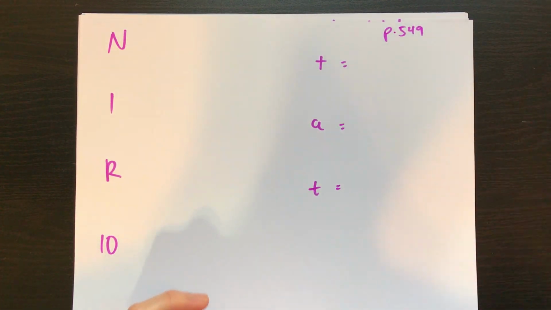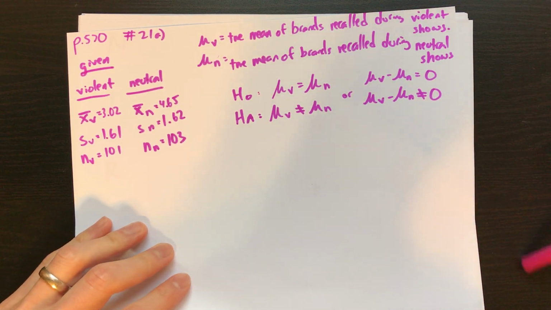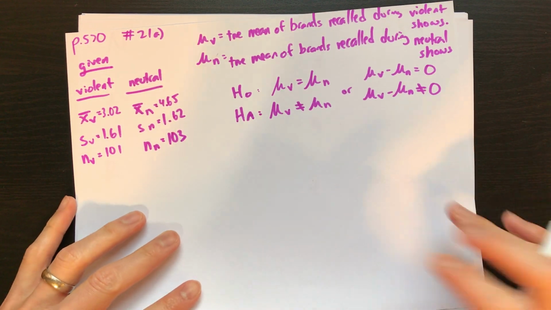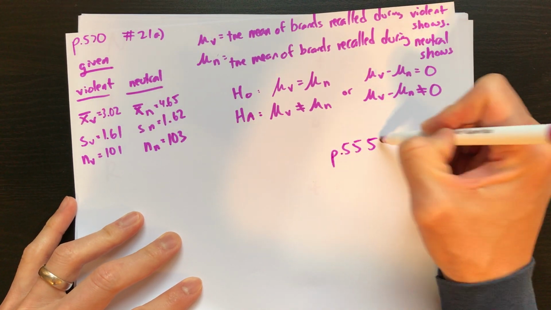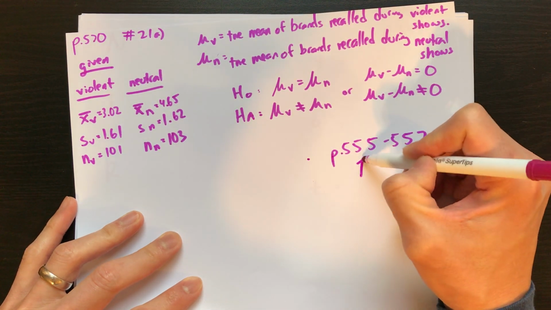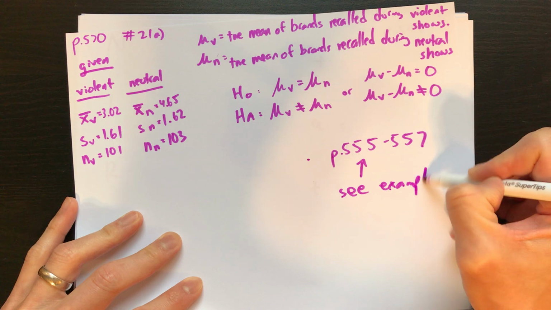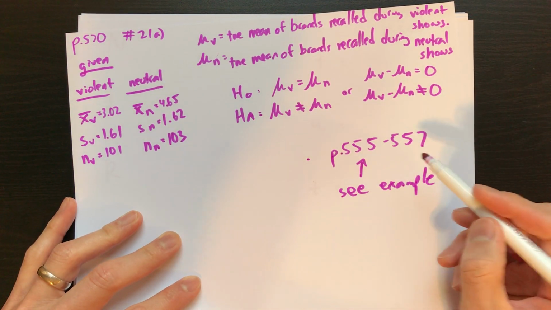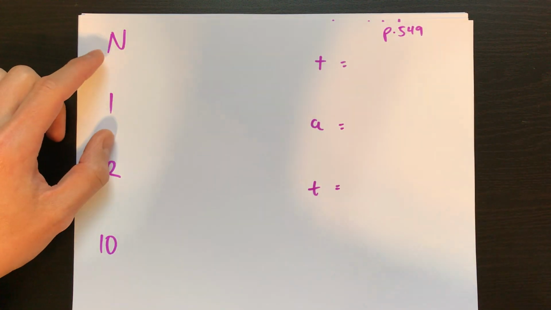By the way, let me just let you guys know that there is a good example on pages 555 to 557, okay? See the example of a hypothesis test, and they do this by hand as well, so you can check out the calculations.